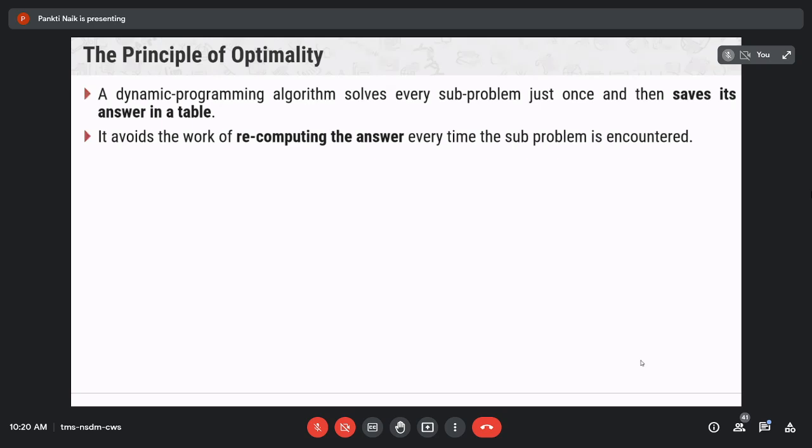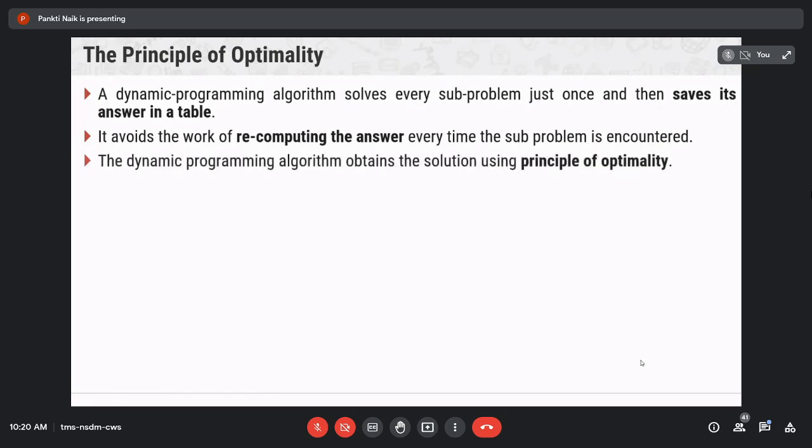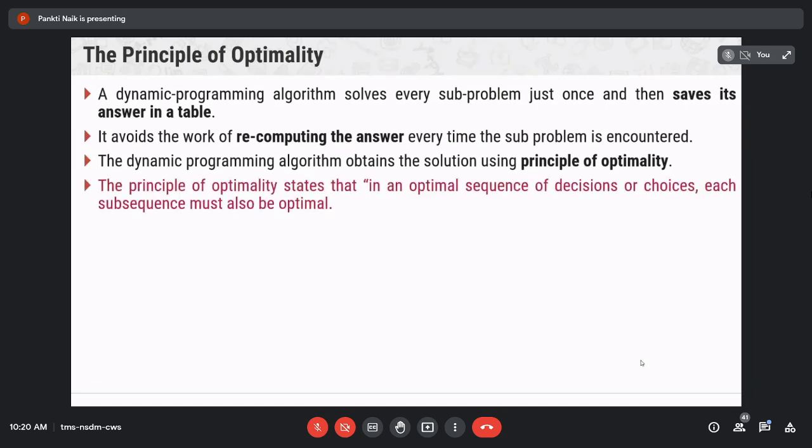So whenever in future the same sub problem is encountered, there is no need to solve that sub problem again, because we have already stored the answer of that sub problem in the table. So the dynamic programming algorithm obtains the solution using the principle of optimality, right?